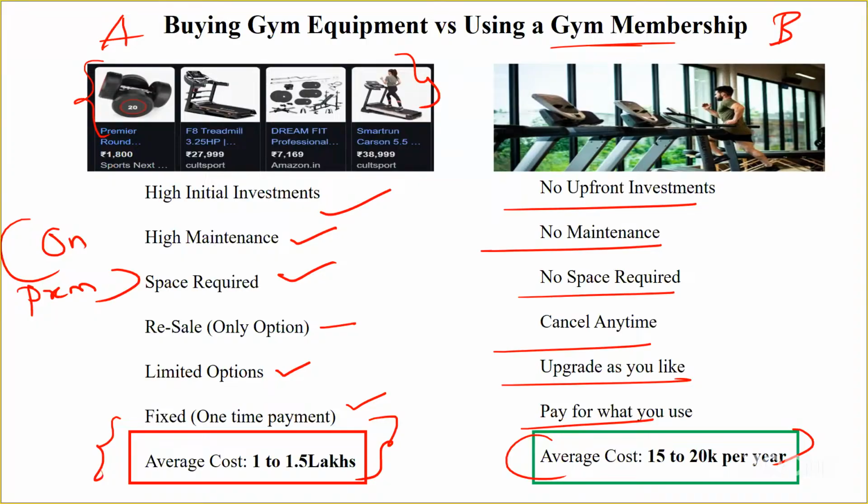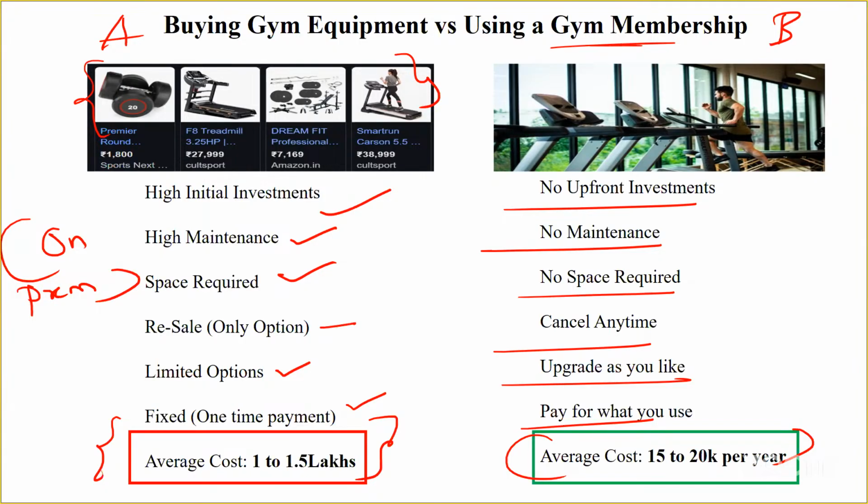Because we don't need to do any investments or maintenance activities, and we can use it whenever required. A consumes a lot of space. A is good because it's cost effective, because it's a one-time investment.